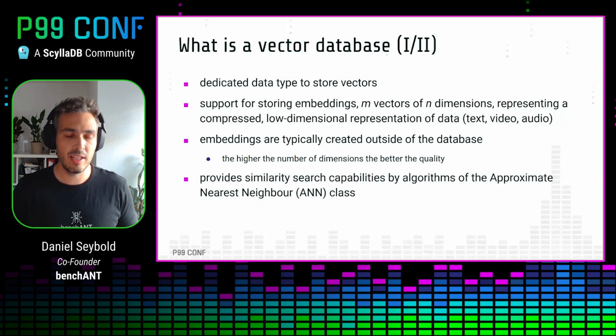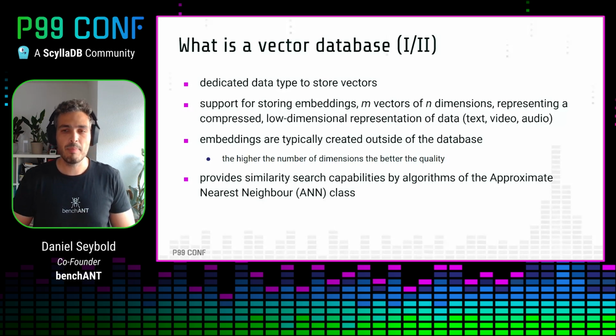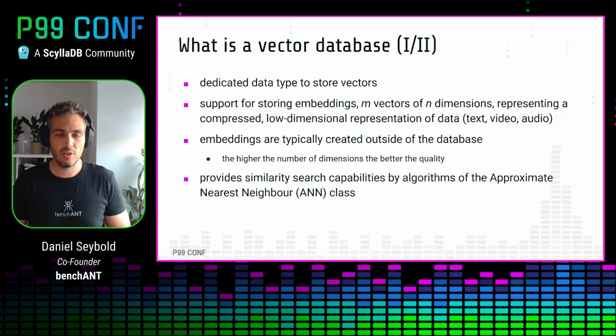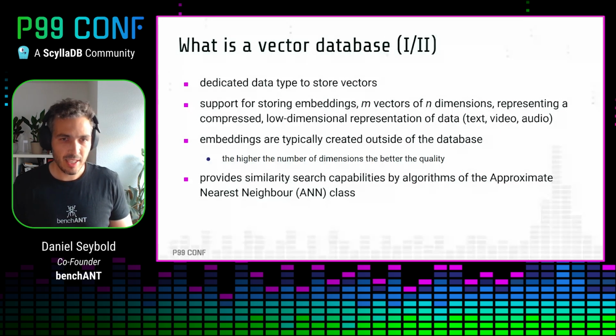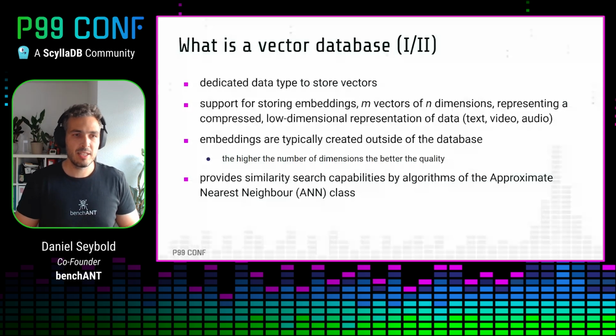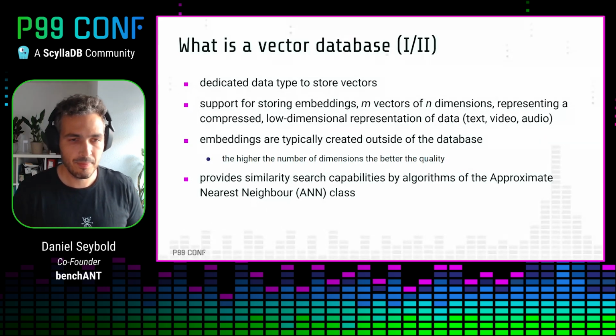In consequence, they support storing embeddings, which are vectors of n dimensions that represent a compressed and low dimensional type of data from the real world, which might be text, video, audio. Embeddings are typically created outside of the database engine. There are also approaches where the database is able to do that. And vector databases provide similarity search capabilities where they follow the algorithms of the approximate nearest neighbor class.